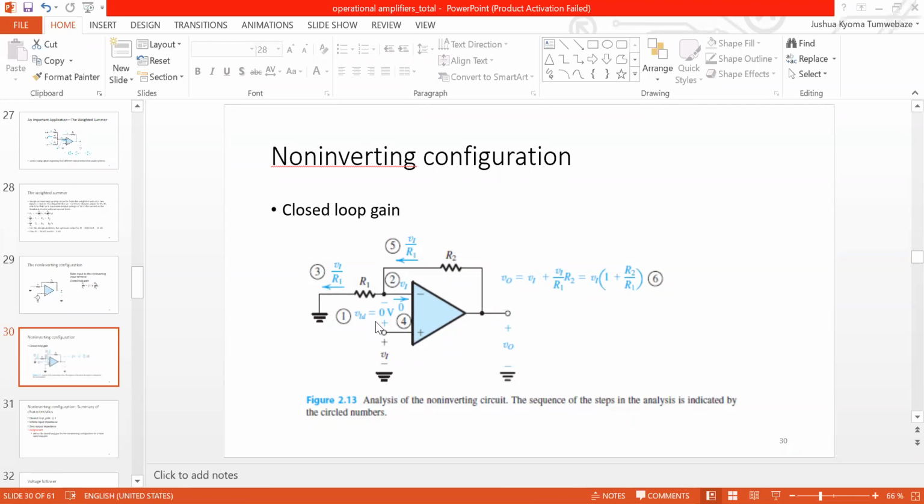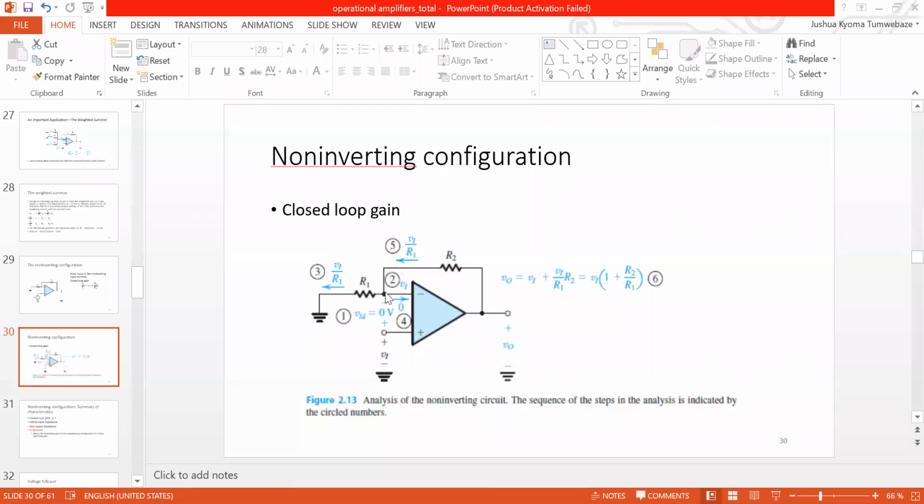But here, current is not dividing because no current enters the op-amp terminals. So all the current flowing through R1 must flow through R2. The direction of flow doesn't matter, because the direction will eventually depend on the voltage VI. So they are definitely not in parallel. They are more or less in series.